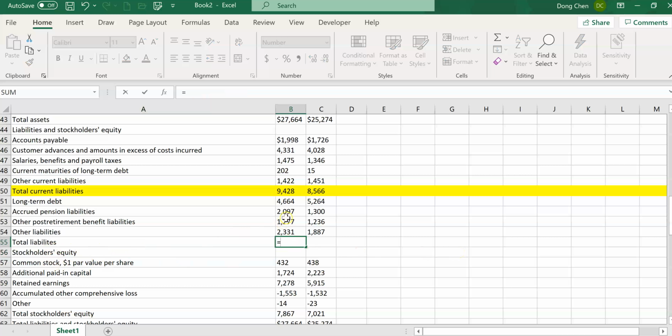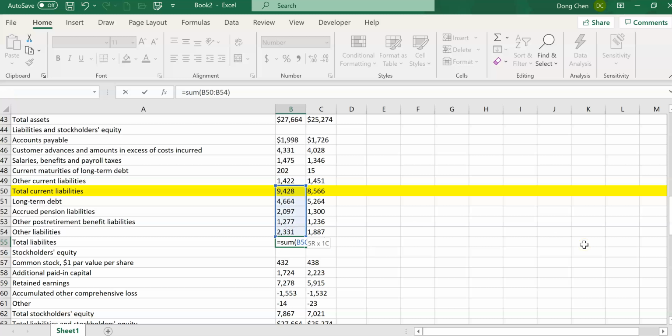So total liabilities basically is the sum of the total current liabilities, long-term debt, accrued pension liabilities, other post-retirement benefit liabilities, and other liabilities. So basically, I can just simply sum up all the items starting from the total current liabilities and until the other liabilities.